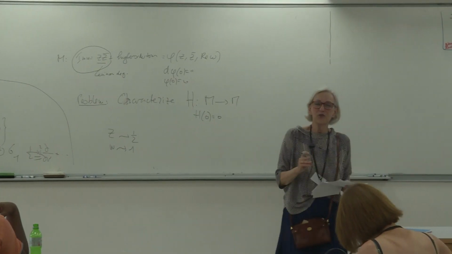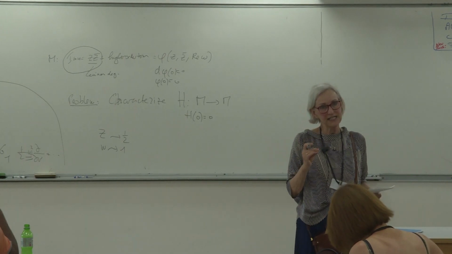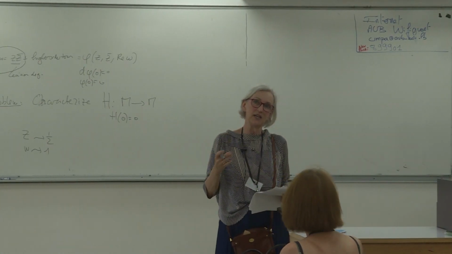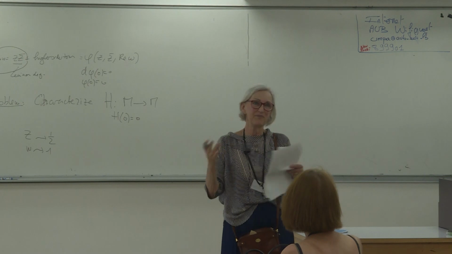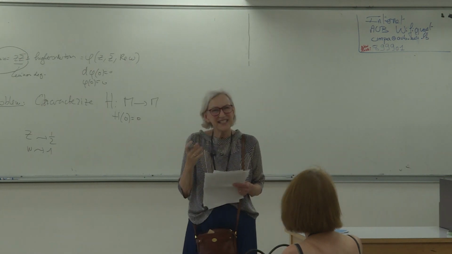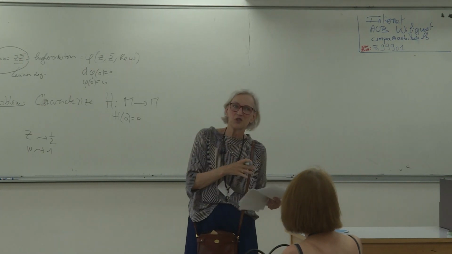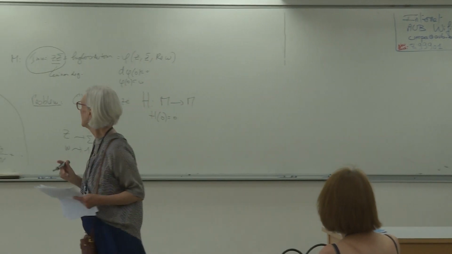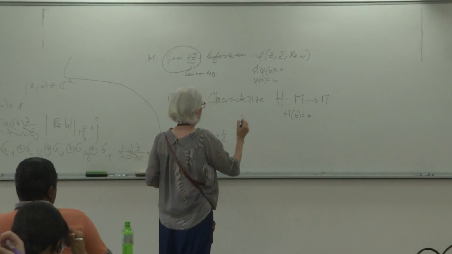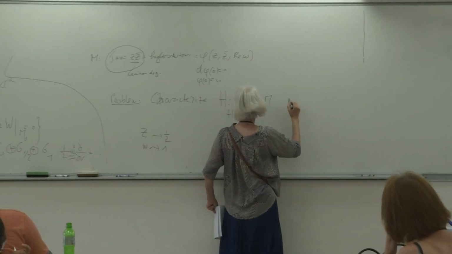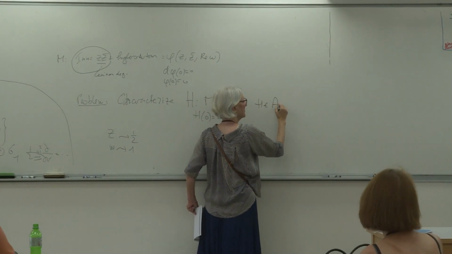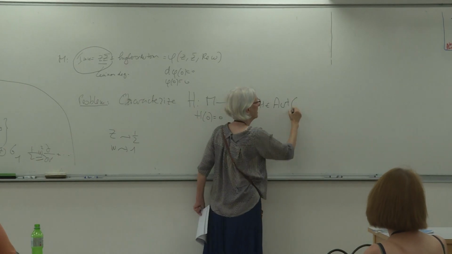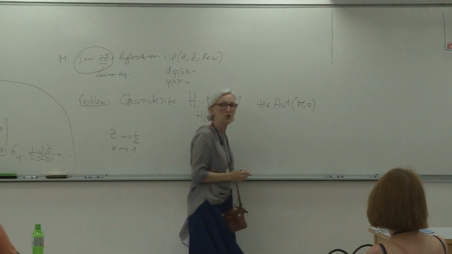It's a little confusing. I will say biholomorphism, but in the literature you see automorphism, and then it's difficult: is it infinitesimal automorphism or is it automorphism? So I prefer to talk about biholomorphism maps. By the way, h is in what is called the stability group of M, fixing the origin.